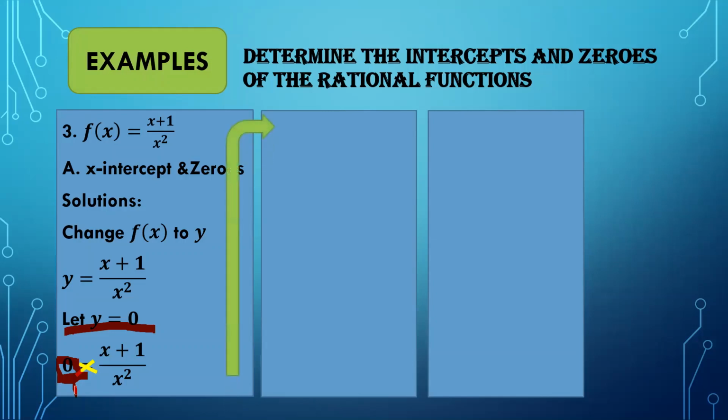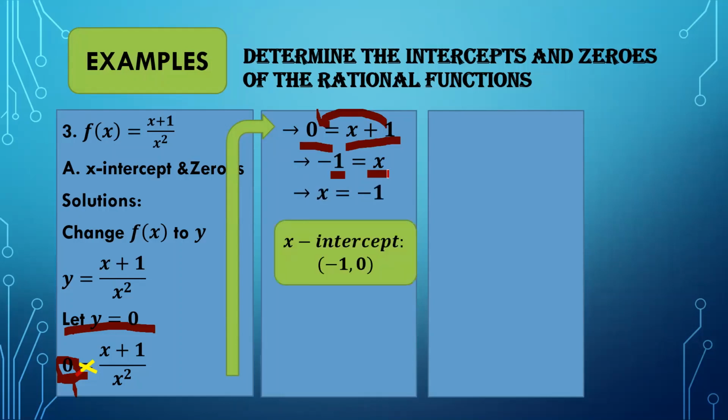So therefore, we have this equation: 0 is equal to x plus 1. By transposition, the transposition property or additive inverse, negative 1 is equal to x, or x is equal to negative 1.